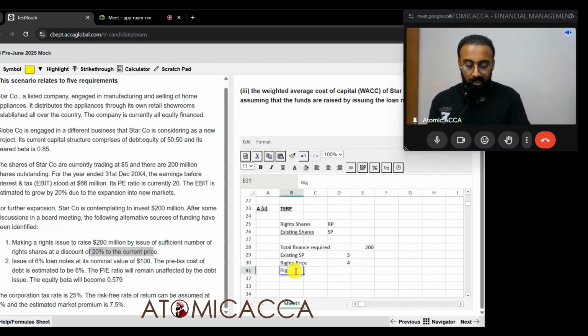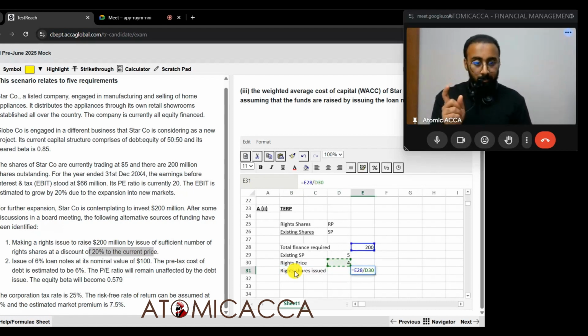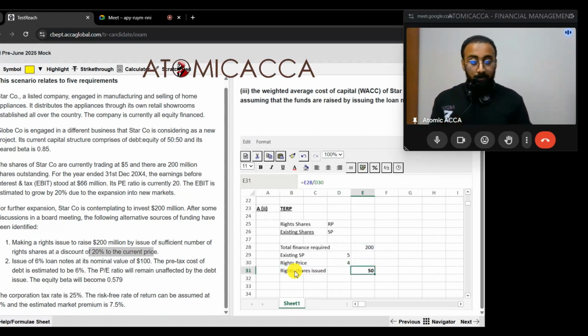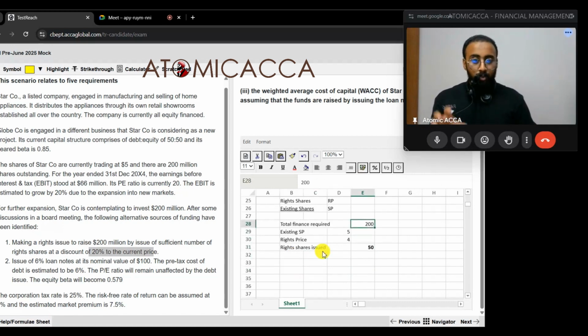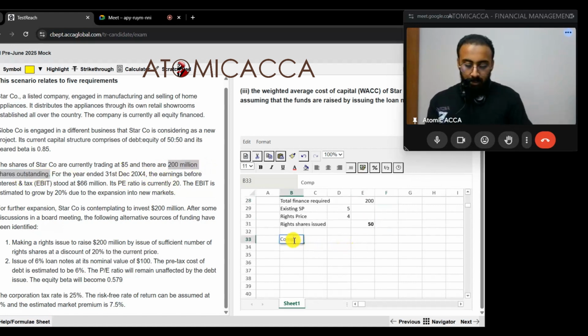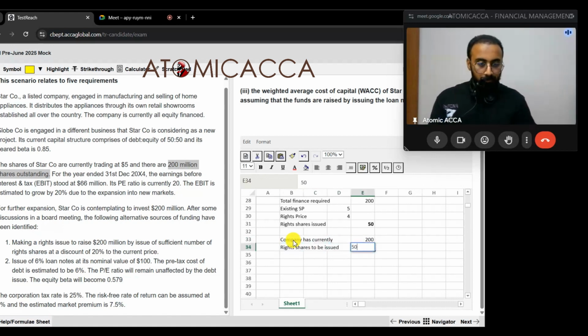So how many rights shares are to be issued? Rights shares issued will be equal to 200 million to raise divided by $4 per share. That will be equal to 50 million shares I have to issue. The company currently has 200 million shares outstanding, and rights shares to be issued are 50 million.